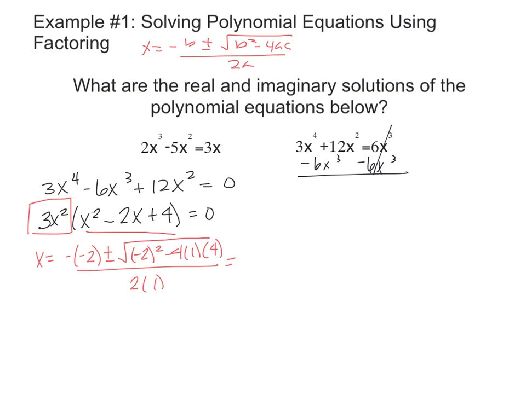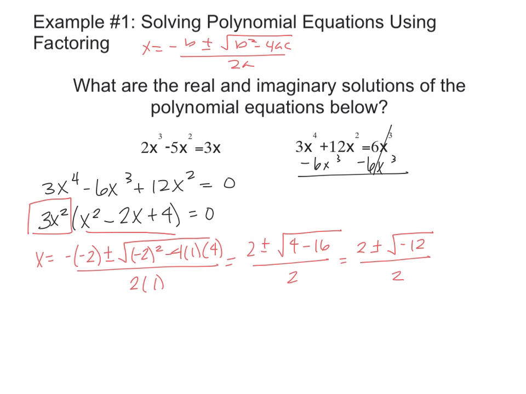Alright, so that will give us 2 plus or minus the square root of 4 minus 16 over 2. If I keep going, that's 2 plus or minus the square root of -12 over 2.